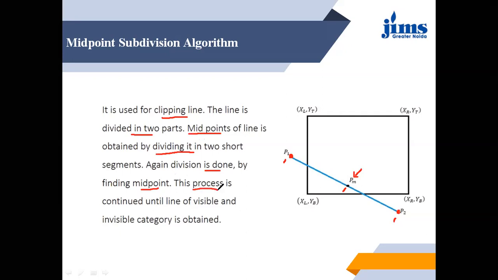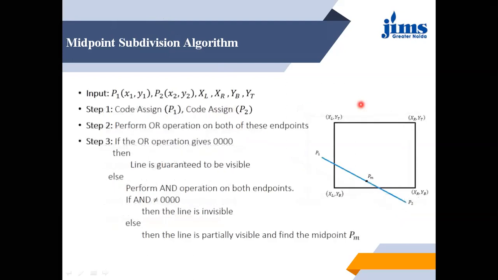This process is continued until a line of the visible or invisible category is obtained. So we can divide in this way into two parts, that is visible and invisible. So these two portions can be found individually.